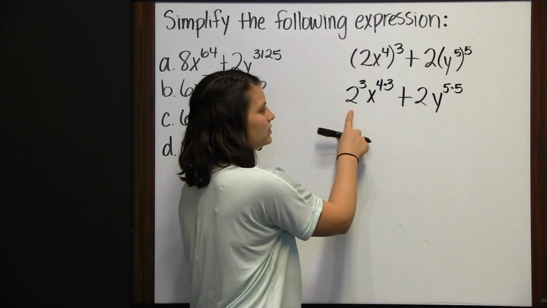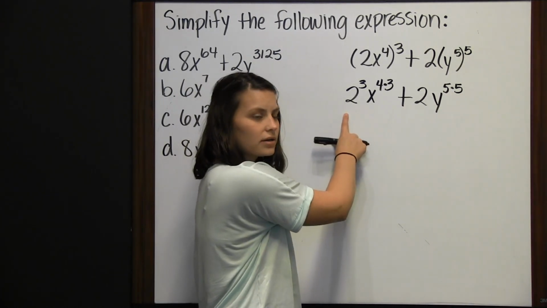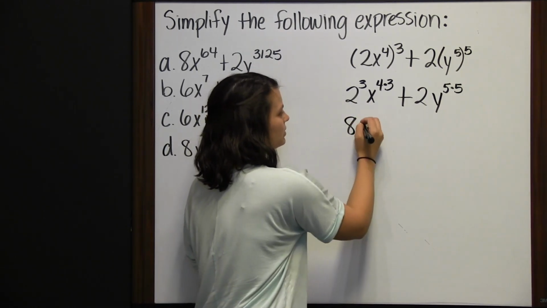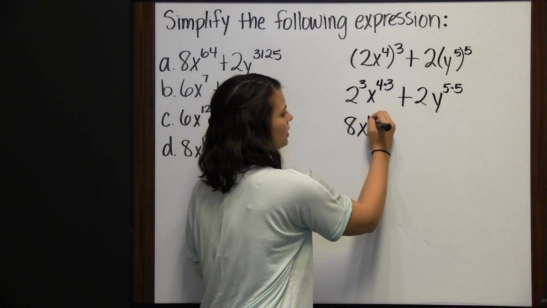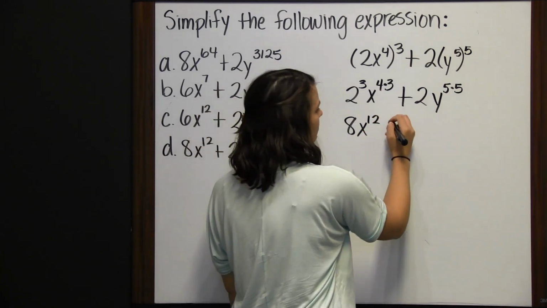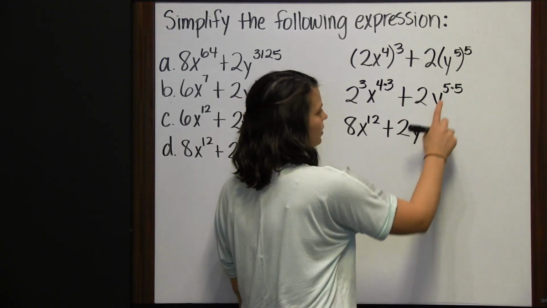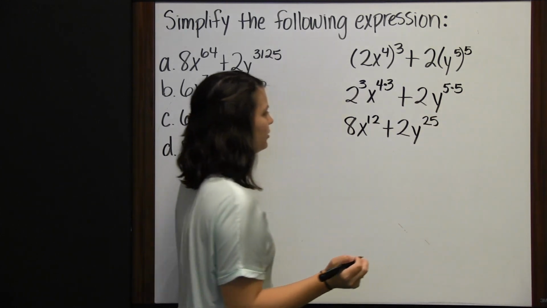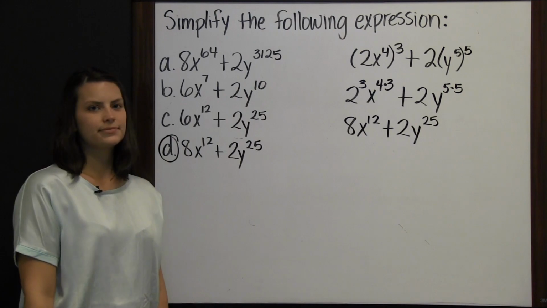So it's 2 times 2 times 2. 2 times 2 is 4, times 2 is 8. So 2 cubed is 8, times x to the 4 times 3 is 12, plus 2 times y to the 5 times 5 is the 25th power, which is answer choice D.